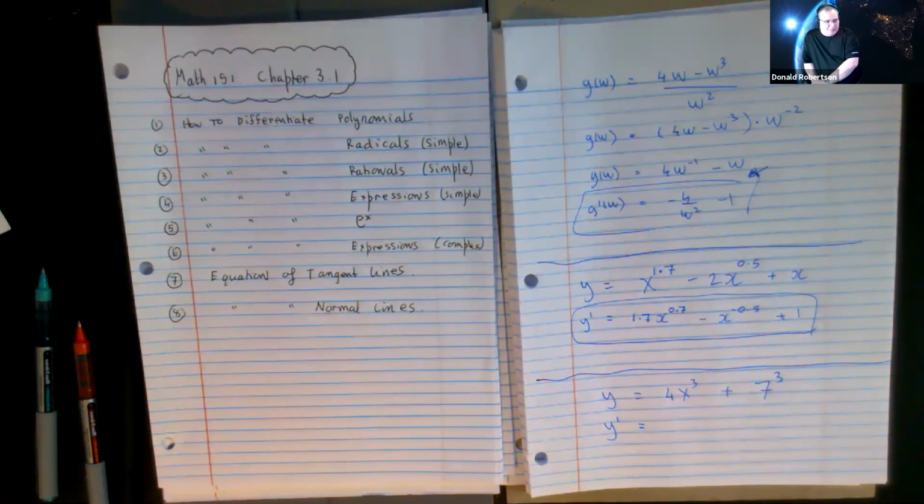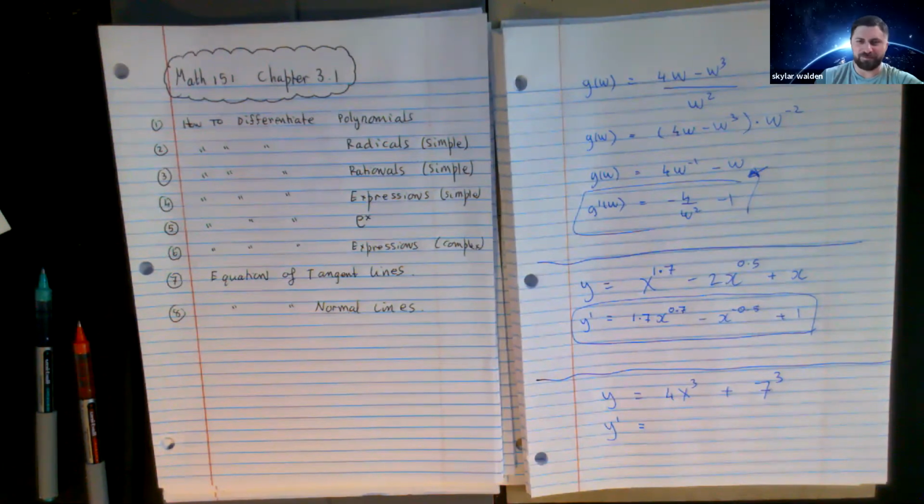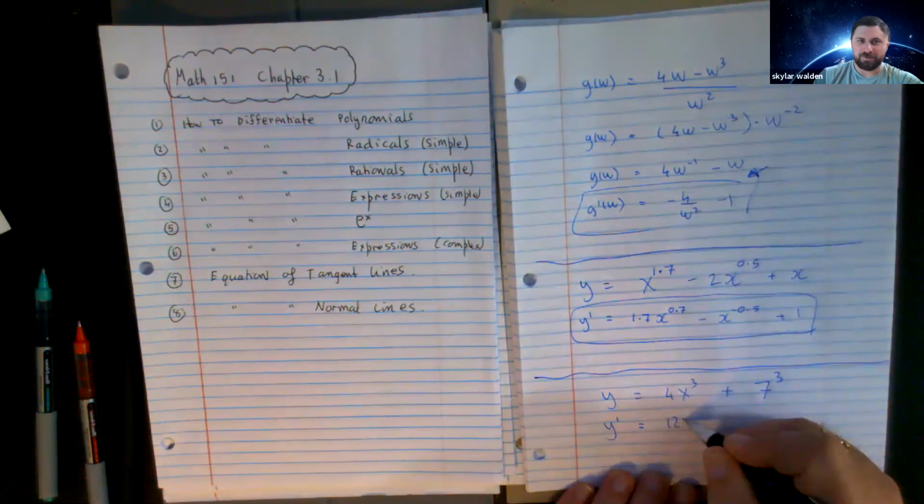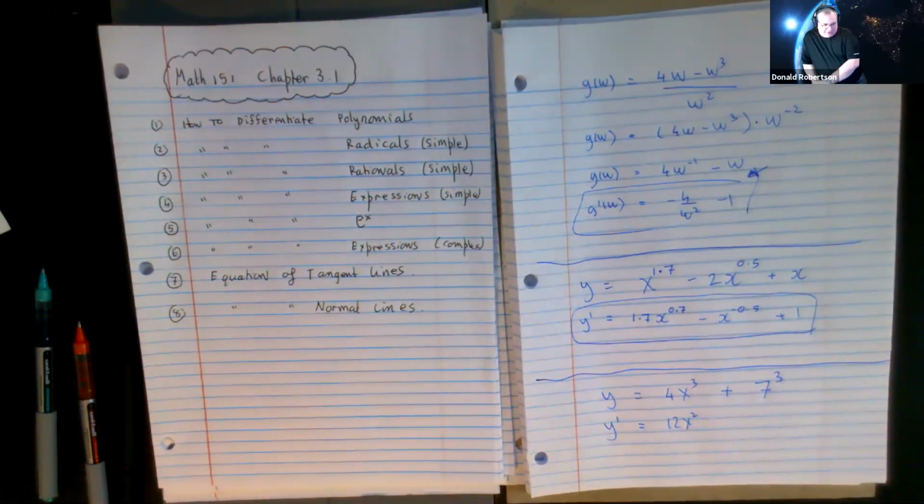I want to know its derivative. Just 12x squared. And that is all correct. Isn't 7 cubed just a number? And aren't all numbers 0 when you differentiate?